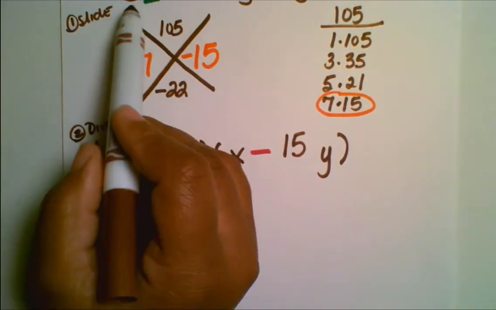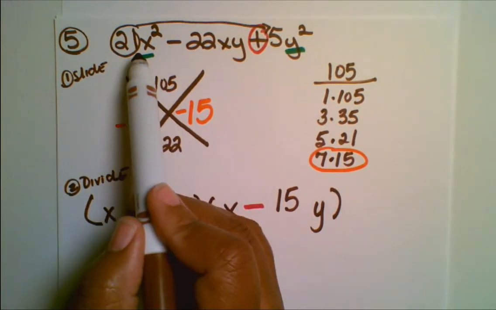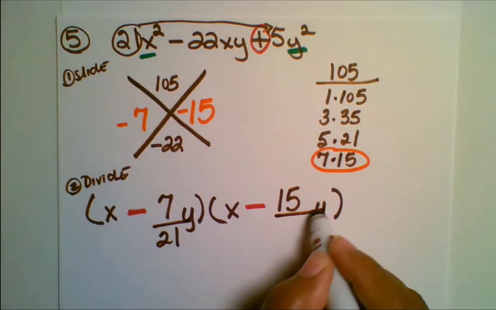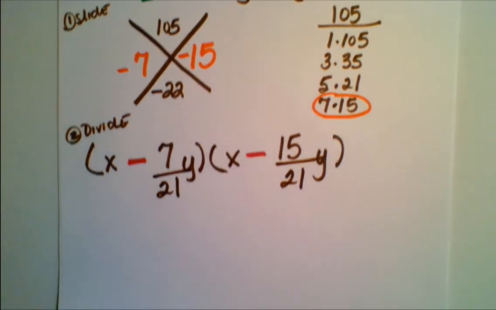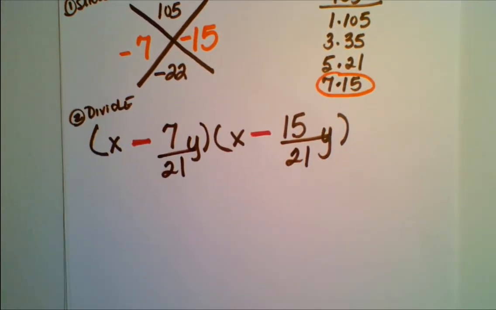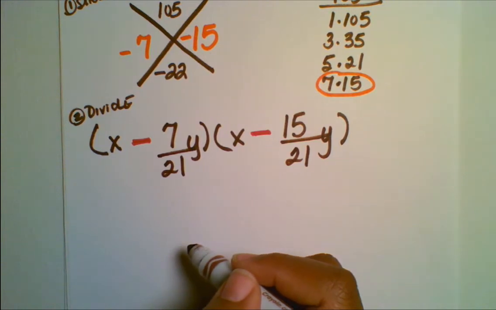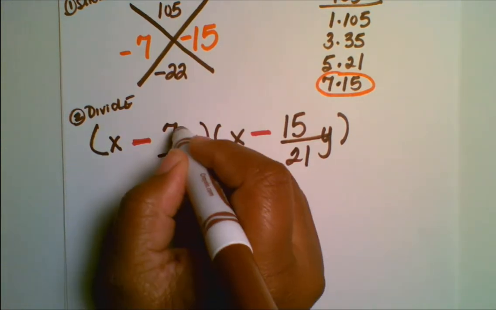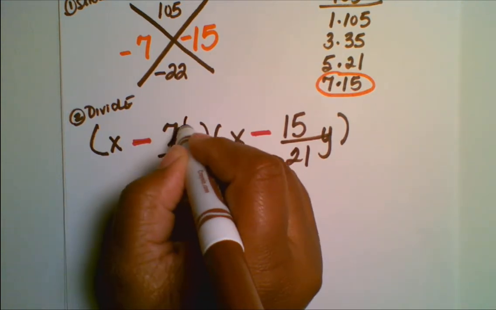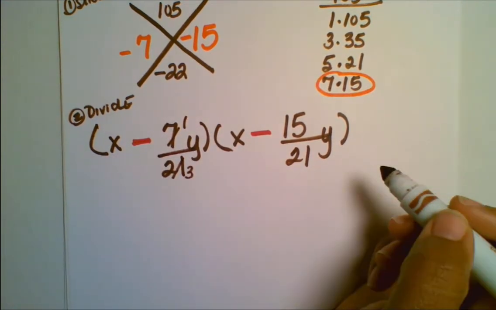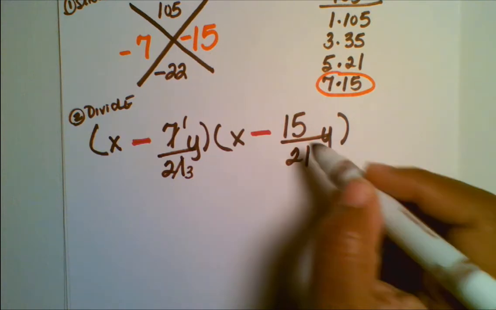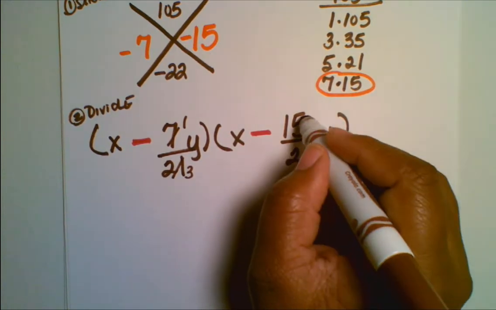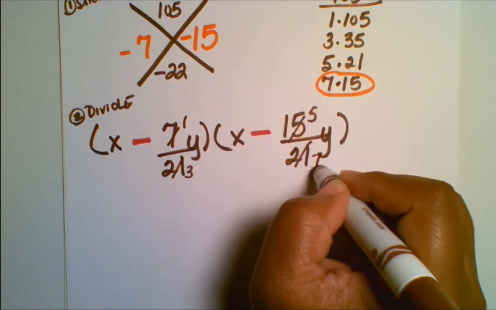Take the leading coefficient, which is the 21, and divide it into the last terms of the parenthesis. We're going to divide and reduce the fraction. So the 7y over 21 and 15y over 21, we have here, we're going to divide a 3 out, 5, and this is 7.